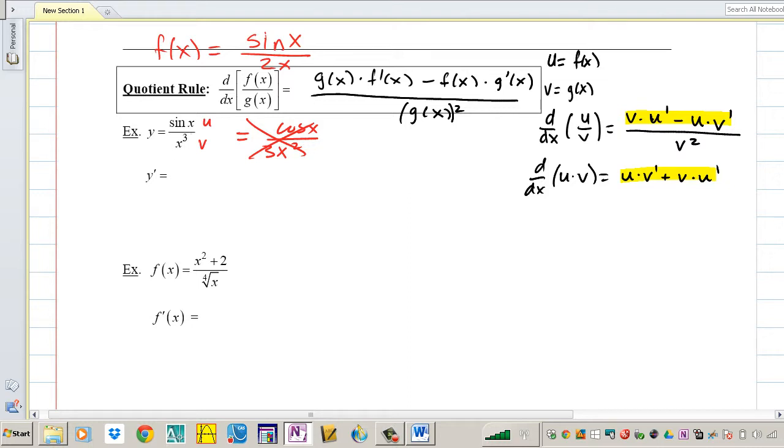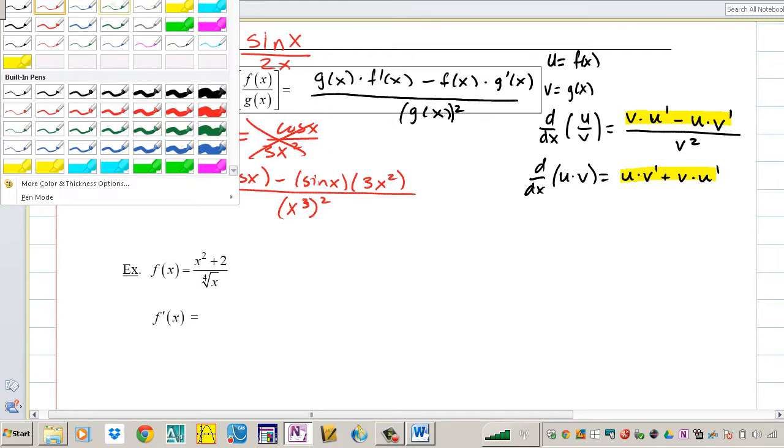The derivative of sine x over x cubed. So it's going to be v times, or let me use parentheses, times the derivative of sine x, which is the top, minus u times the derivative of v, all over v squared.